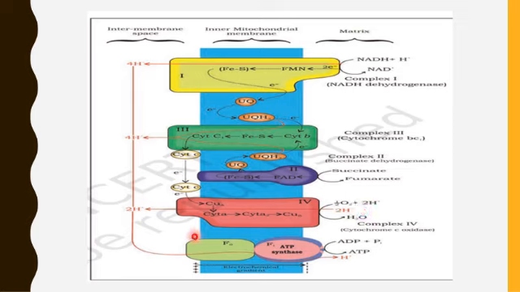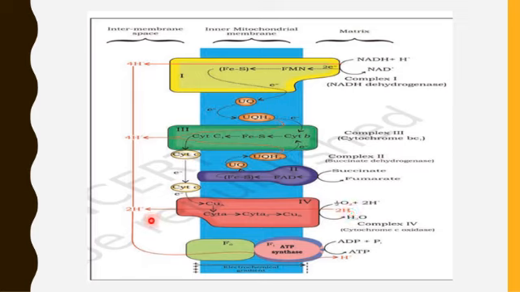Now, the proton ions are going to increase in the intermembrane space as compared to the matrix. So the concentration of protons in the intermembrane space is increased, and that causes the gradient, meaning the difference in concentration. To maintain the equilibrium, these protons have to shift back to the matrix.